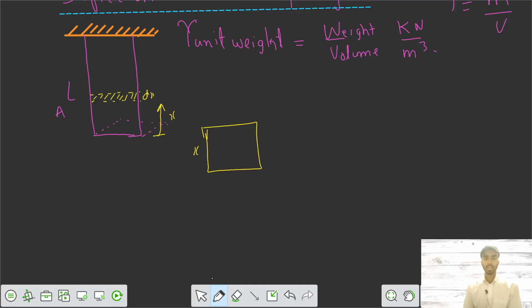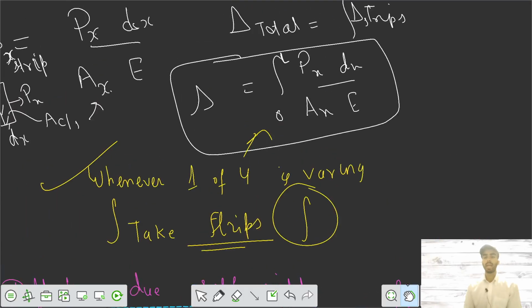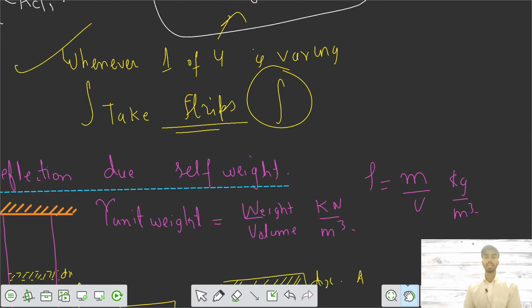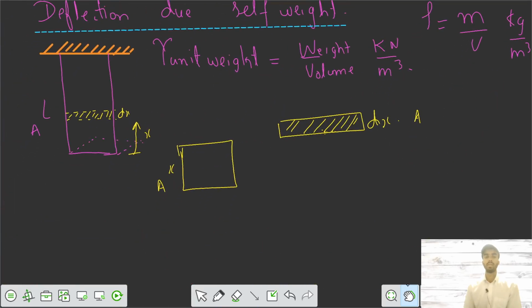This is your length X with cross-section area A, and the next one is your dx. Its area is also A. We want to find how much force is being applied on this strip. If you know the force applied on the strip, Px, then you can integrate, and since it is a prismatic bar, the area is constant, equal to A. Then you can get the total deformation of the bar due to self weight.